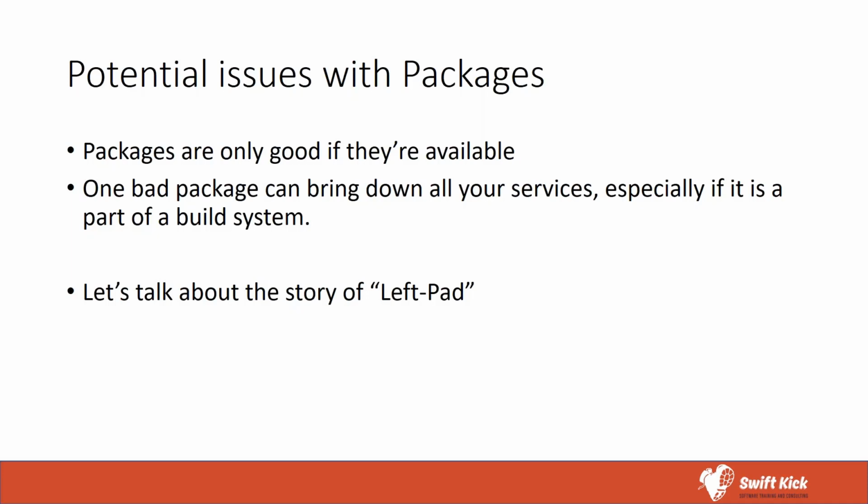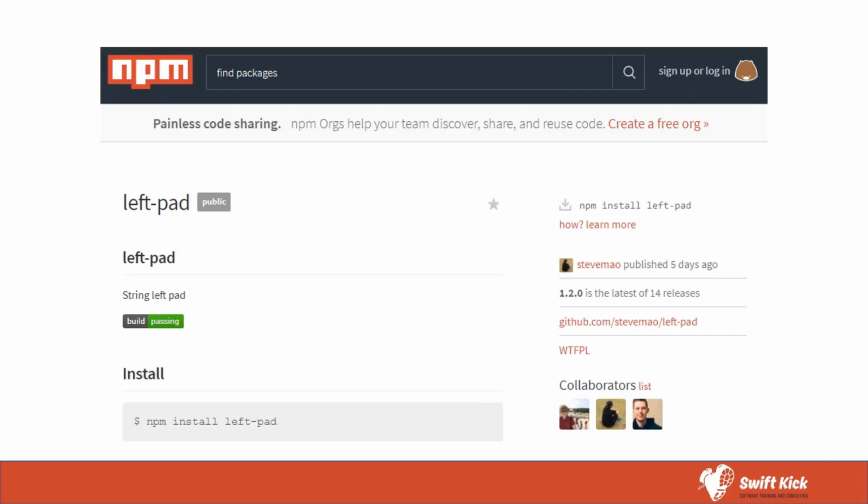And this brings me to a story about a package called LeftPad. Depending on how much attention you were paying to the internet within the past couple of years, you might have already heard this story, but I think it's really entertaining because it has proven this potential issue time and time again. So LeftPad is an NPM package that basically has one job.